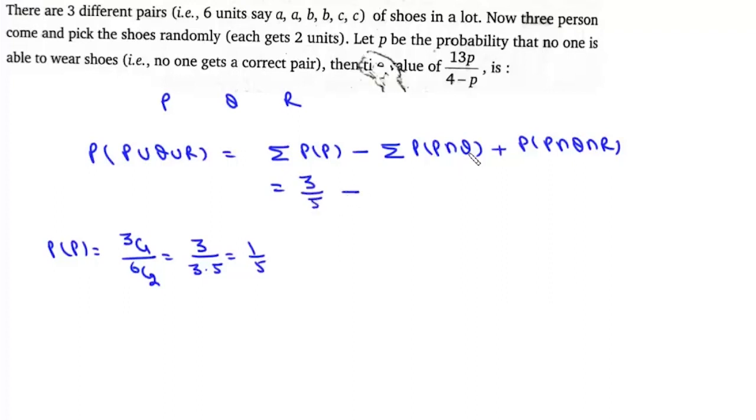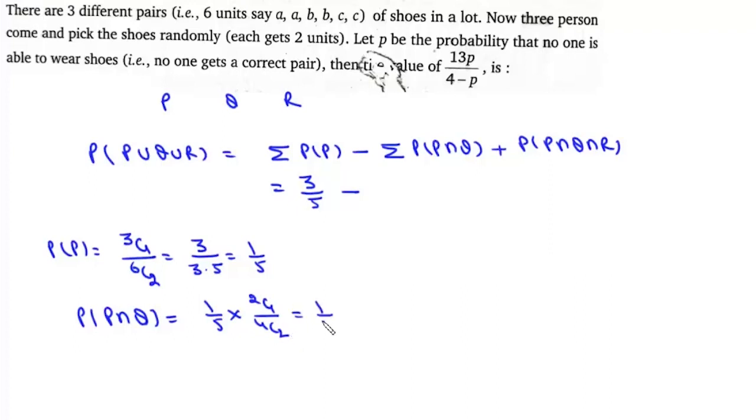Now both P and Q get the correct pair. So this probability, P intersection Q. Now P chooses the correct pair, so it is 1 by 5, and then Q also chooses the correct pair. Now Q choosing the correct pair means it should be 2C1 from 4C2.